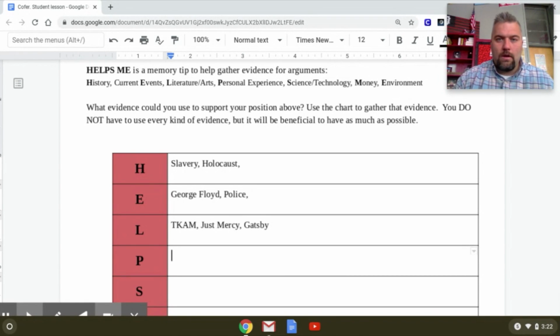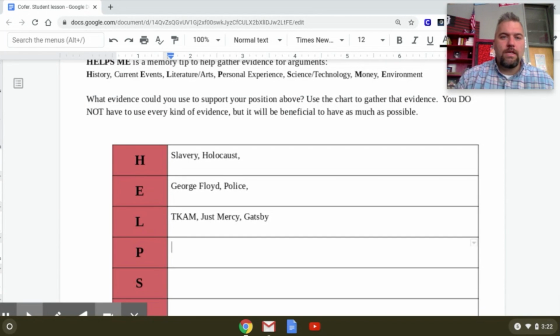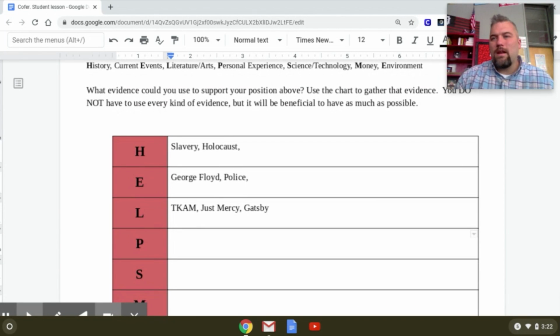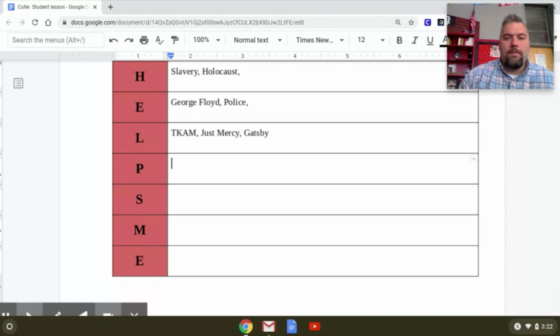So I'm going to leave that one alone. Science and technology, that one may or may not be one where we can pull something. Money, may or may not. Okay, environment. We could possibly throw in like a Flint, Michigan type deal. I don't know how that would fit, but remember, we're brainstorming here.